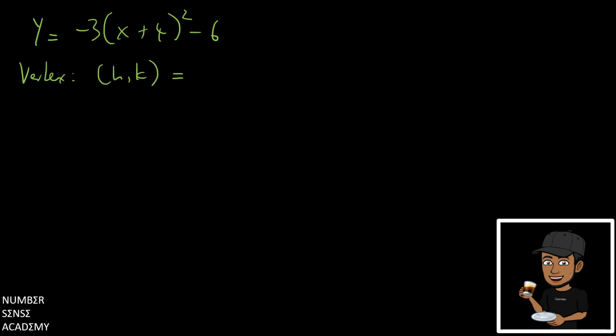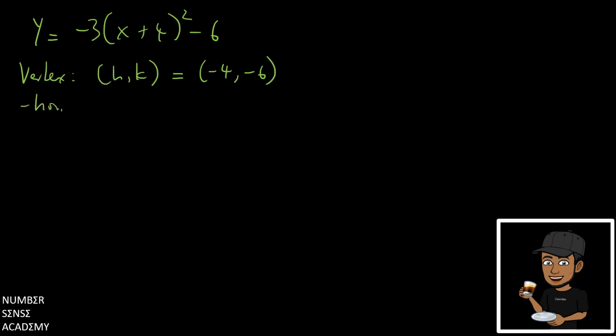All right, next example. So if I have y equals -3 times (x + 4) squared minus 6. So I'm going to look for my vertex, which is h and k, and that's going to be -4, -6. Okay, so what do I have?